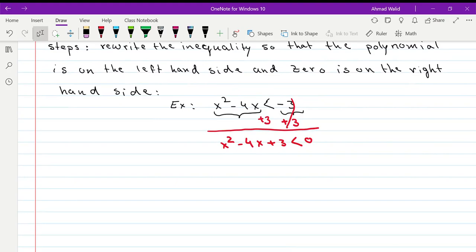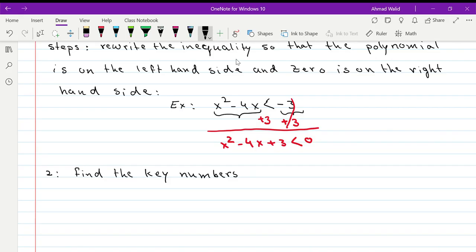You have to do this step, correct? Because if you have a number on the other side, then it's difficult to deal with and you will make a mistake. Step 2. In step 2, find the key numbers. Here in this book, we call them key numbers, but as soon as you move to calculus class, we call them critical numbers or key numbers, correct?